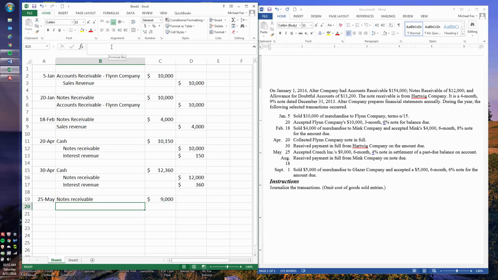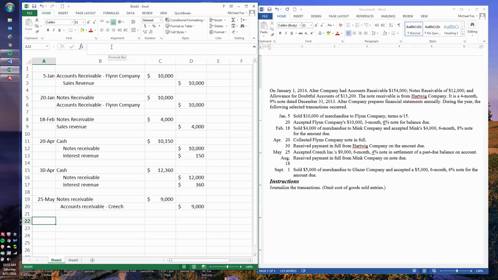And our accounts receivable for Creech will go down by $9,000. Remember, again, this is just a company who can't pay us what they owe us, so they're writing a longer-term note to improve their terms so that they can pay going forward.